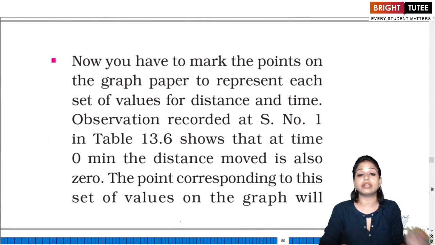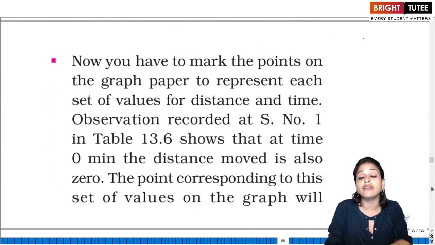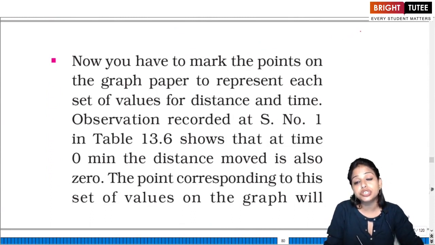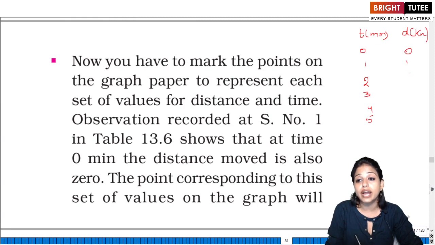Now we will mark the points of the data. So the data, if I remember, for the motion of the car, in time 0, 1, 2, 3, 4, 5 minutes is given to be covered in the distance in kilometers as 0, 1, 2, 3, 4 and 5.